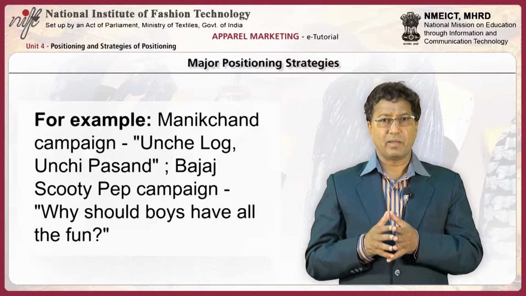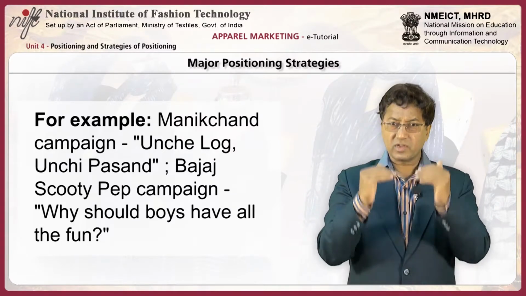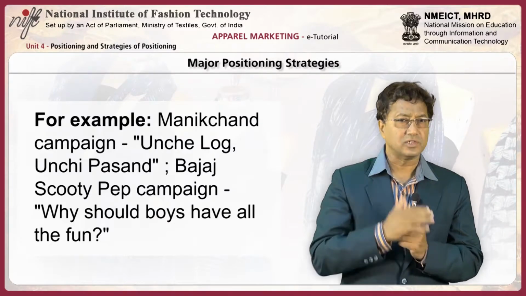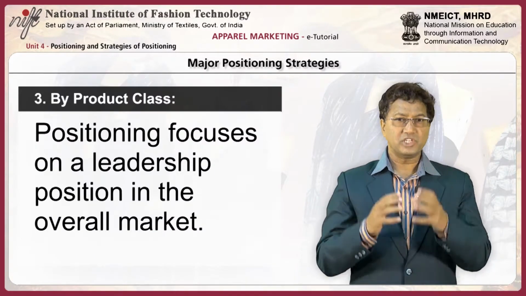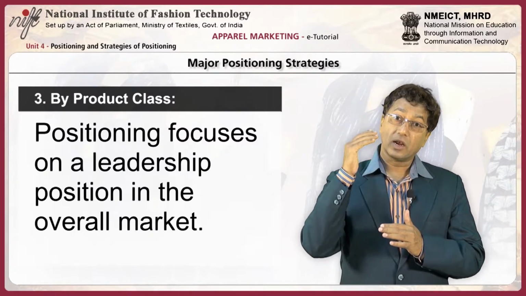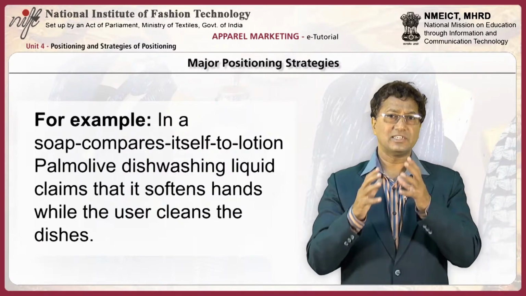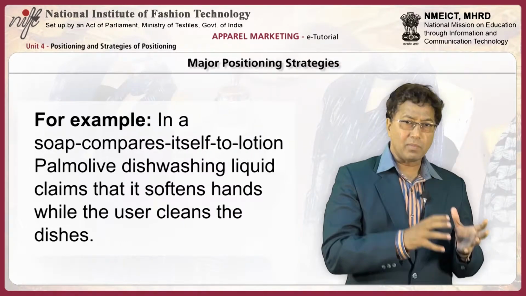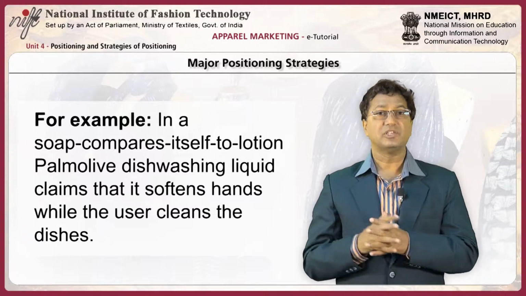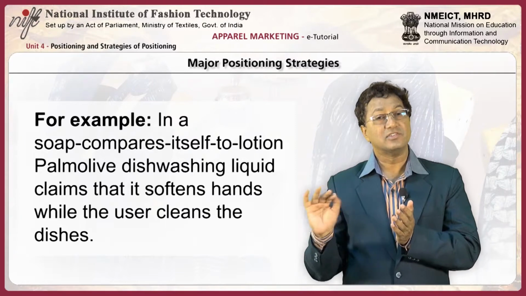Bajaj Scooty Pep campaign, why should boys have all the fun? It focuses on the users. By product class, positioning focuses on a leadership position in the overall market. For example, a soap compares itself to lotion. Palmolive dishwashing liquid claims that it softens hands while the user cleans the dishes.